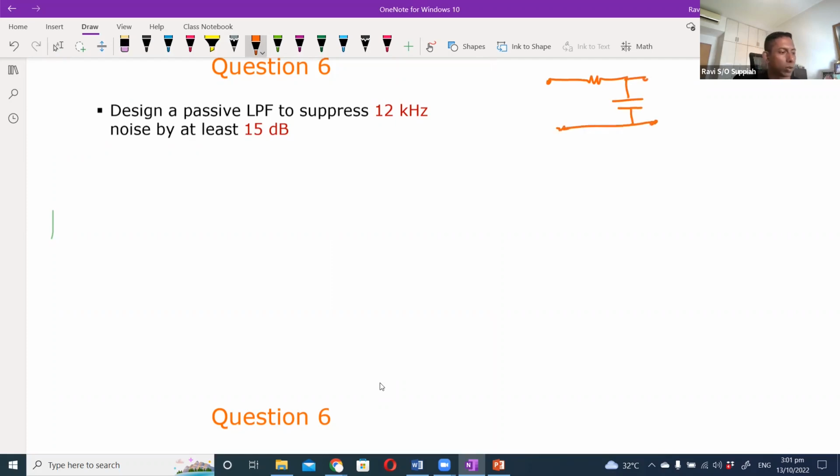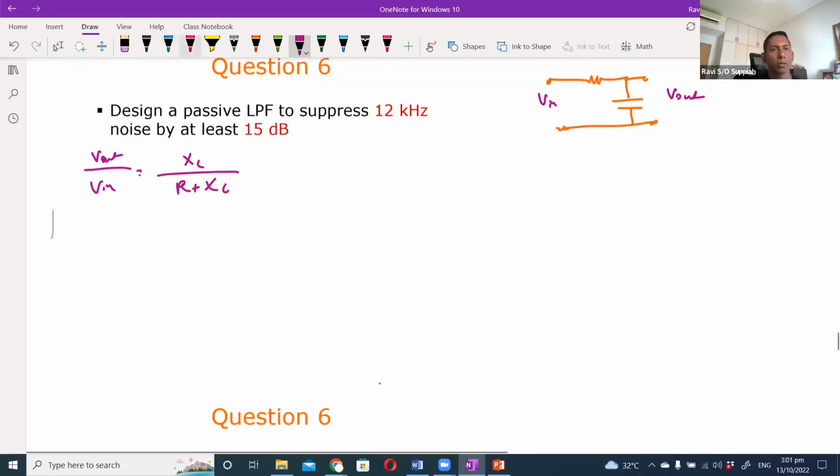If you start off with the same idea that V out over V in is equal to XC over R plus XC, then when you take the magnitude and take the log, you'll get the same thing.